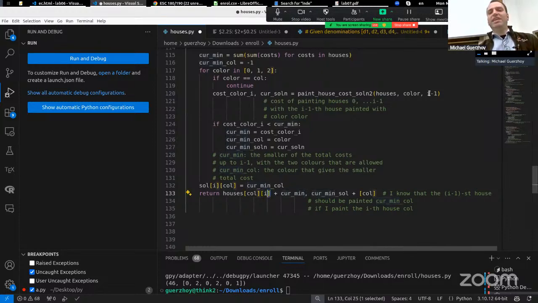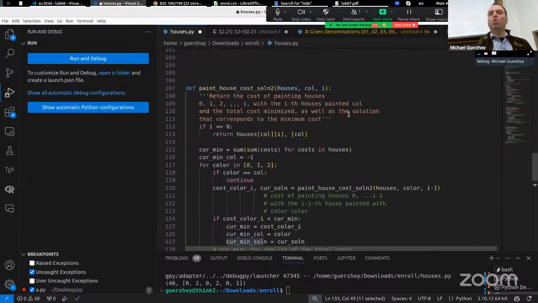And then I have this guy, which is the cost for painting house number I. So this is why when I'm computing the cost, I have a sum. And when I'm computing the solution, I stick together the current minimal solution plus the color COL, which I always wanted to paint house I with.